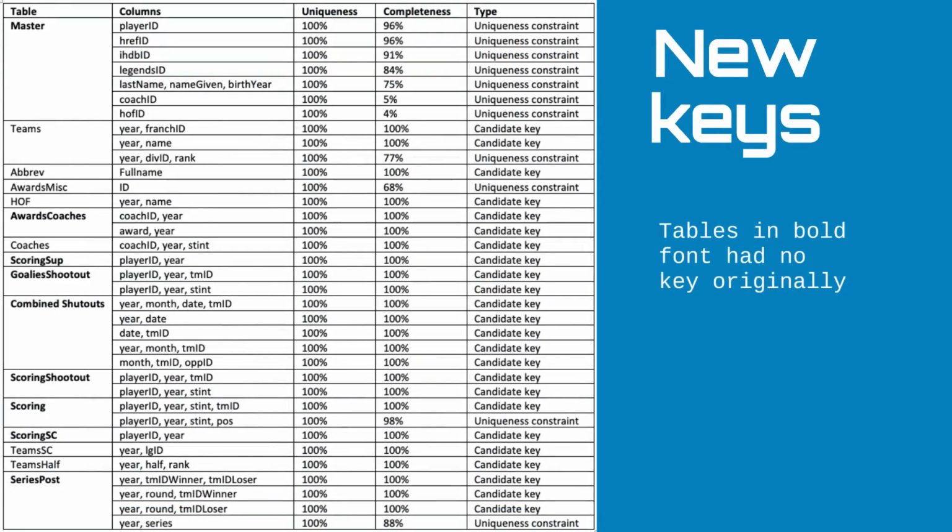More excitingly, our process revealed additional keys and relationships that should sensibly hold on the database. Some of them do, others don't, as we have seen. In particular for the tables in black font here, which didn't have a primary key specified on the original schema, we have listed several sensible uniqueness constraints and candidate keys that should be specified on the schema to improve entity integrity and the data quality altogether.